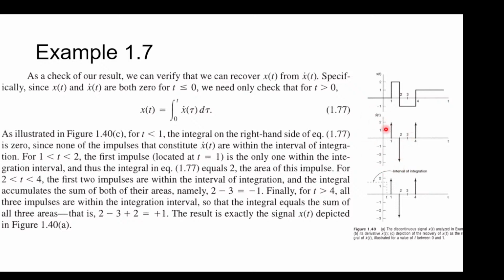Remember, the impulse functions are defined by these areas. So when we go over t equal to 2, you get a negative 3 jump. And similarly, when you integrate even more and go over 4, you get this plus 2 area jump, so you get this plus 2 jump here.